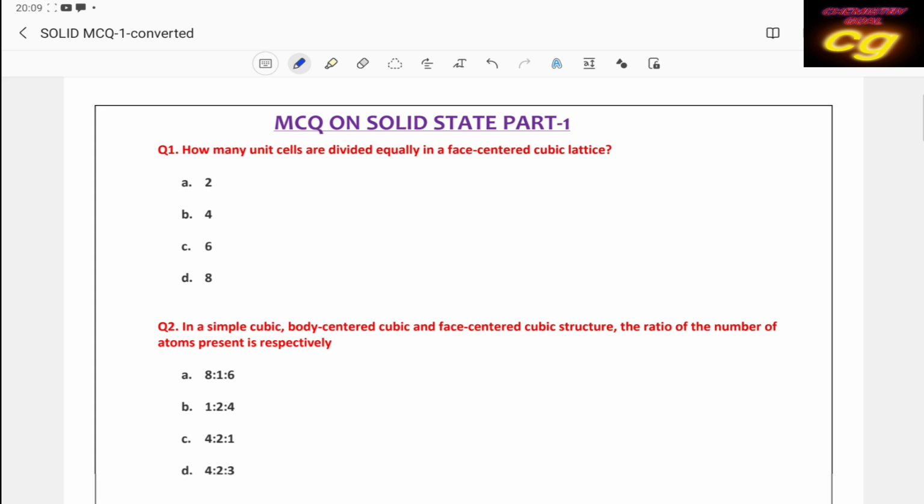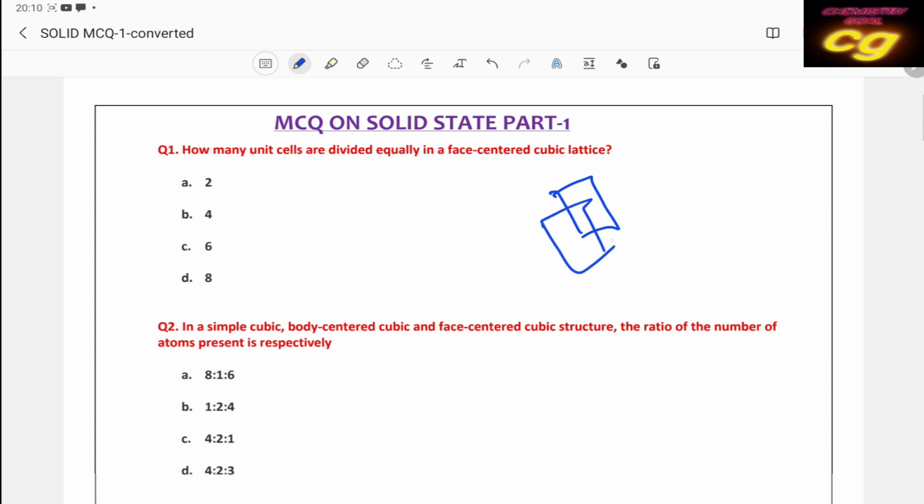But before that, one thing I will tell you, as the question is the number of unit cells divided equally in the face center, we know a cube has 6 faces.